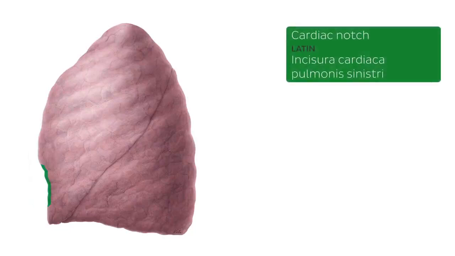Another structure that I want to highlight here is seen on the left lung. This is known as the cardiac notch. The cardiac notch is an impression that is left by your pericardium on the superior lobe of the left lung, as you can see here in this image highlighted in green. Last structure worth mentioning here in this tutorial, seen on the lateral views of the lungs.